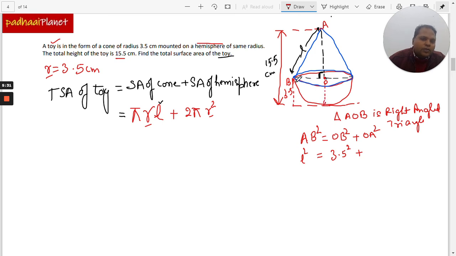So from 15.5, if we subtract this 3.5, we will get the height of the conical part of the vessel, and that is this h, right? So this is going to be 12 whole square.